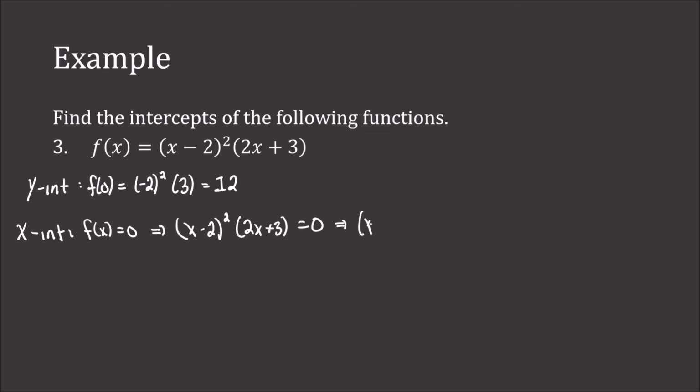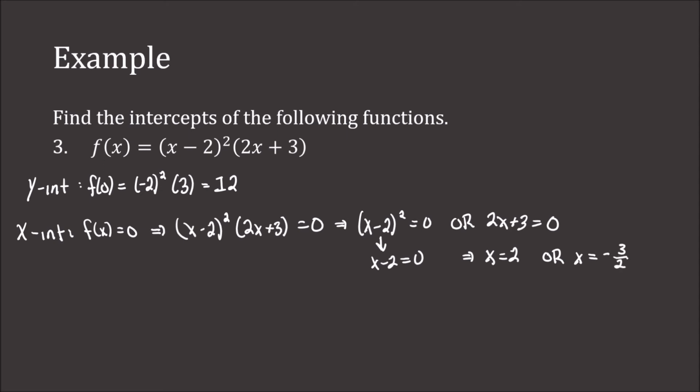So we have to have x minus 2 squared being 0, or 2x plus 3 being 0. Well, this means that x minus 2 must be 0. And so what we have is x is either 2 or -3/2.